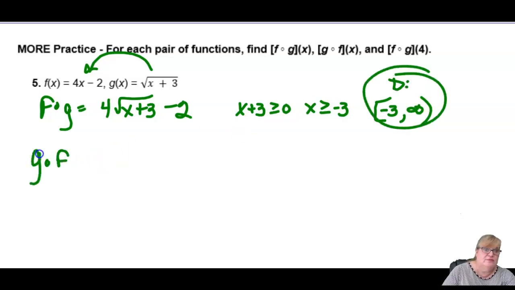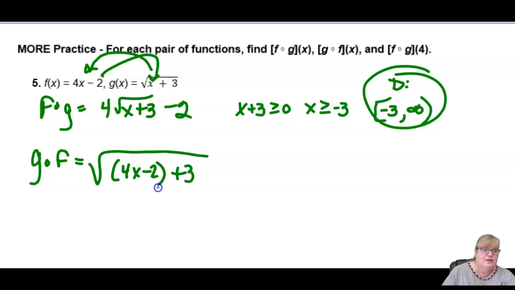g of f says put f underneath there. So we have a radical, 4x minus 2, and then there's a plus 3. Those parentheses don't mean anything, so we're just going to combine like terms, and we get 4x plus 1 underneath there. Whoops, wrote it backwards.